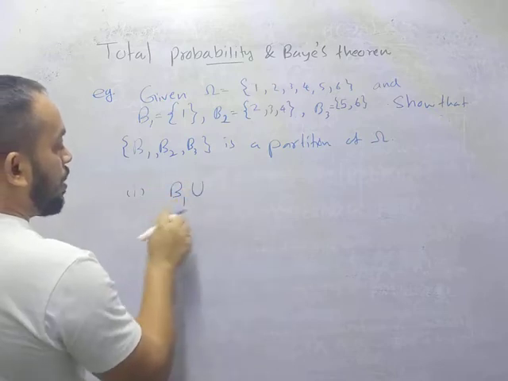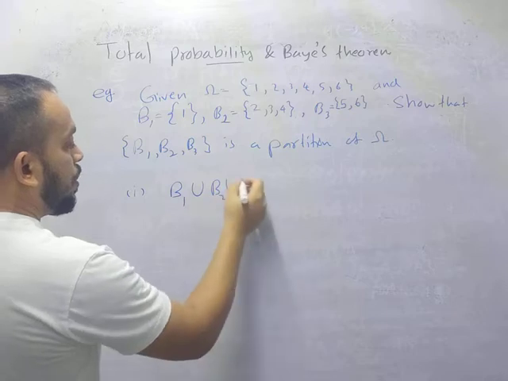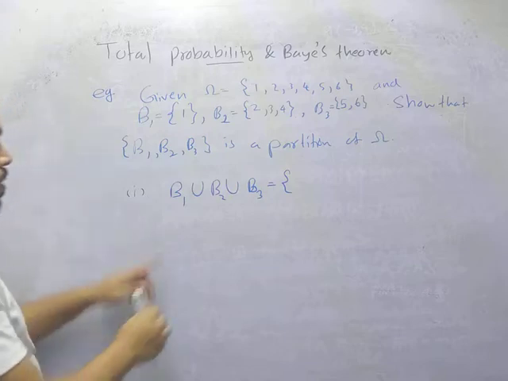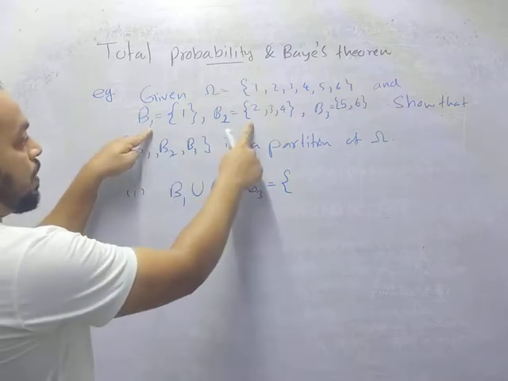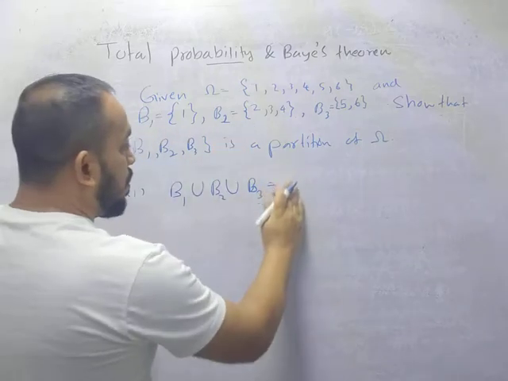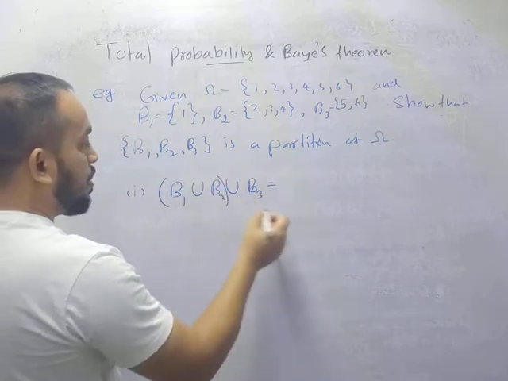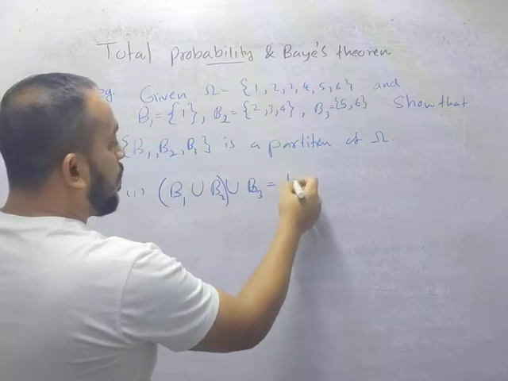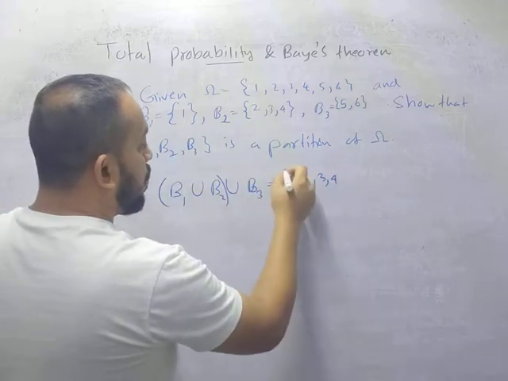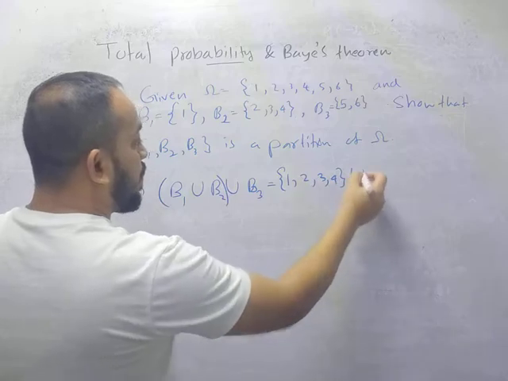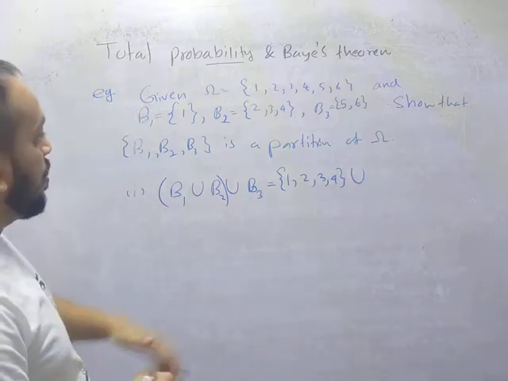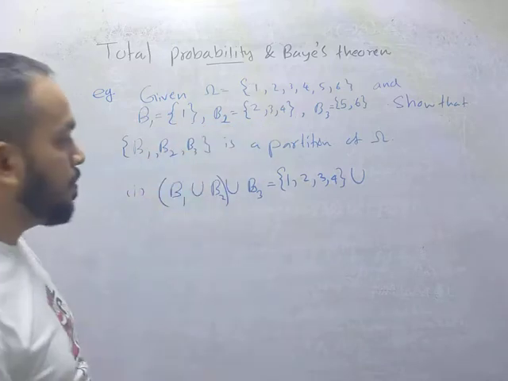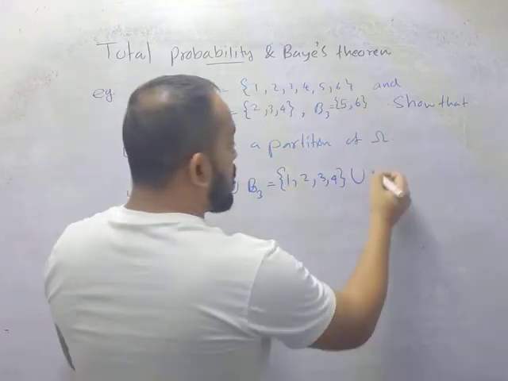Let's take the union, B1 union B2 first. You just add them: 1, 2, 3, 4. That's it. Then together with 5 and 6.